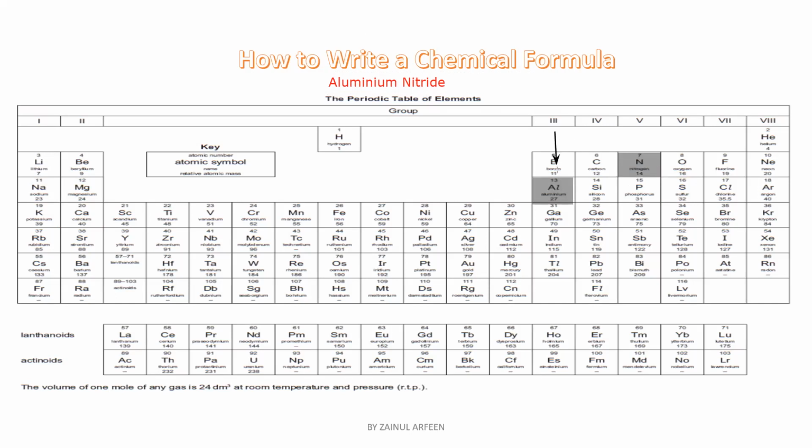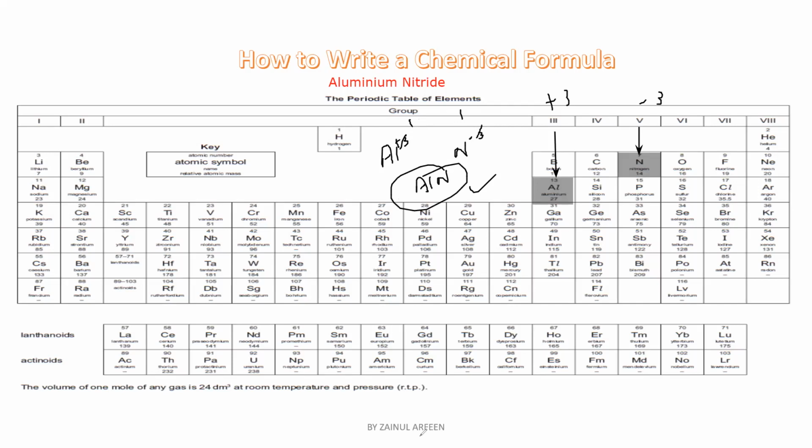What will be the chemical formula for aluminium nitride? Yeah, that's right, because it's +3 and -3. So when you simplify +3 with -3, this will be 1 and 1. So it will be AlN.